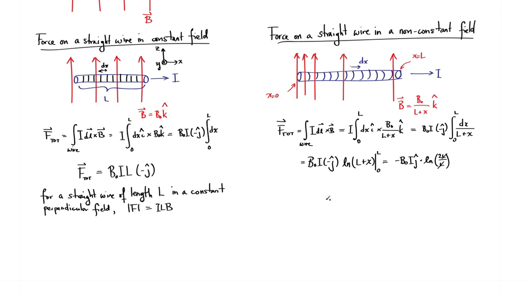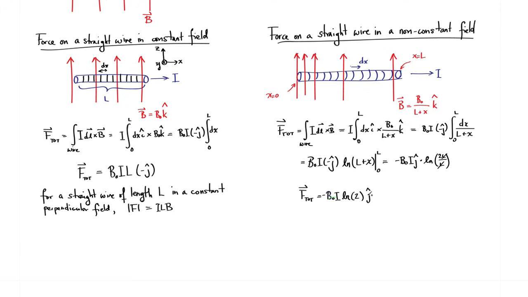So the L's cancel, and so basically in this case F total would be equal to B naught I times log of 2, in the minus j hat direction.